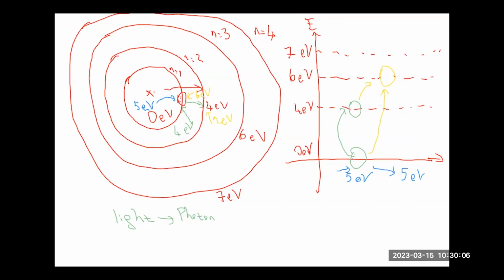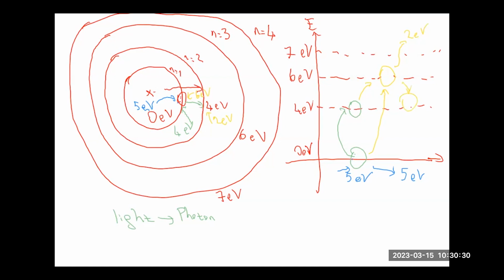So the question is, what happens? For example, we're at the third energy state, and the electron releases 2 electron volts. It will go back to the first energy state, right?